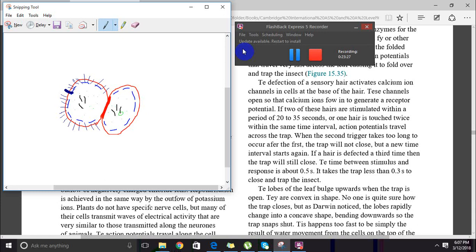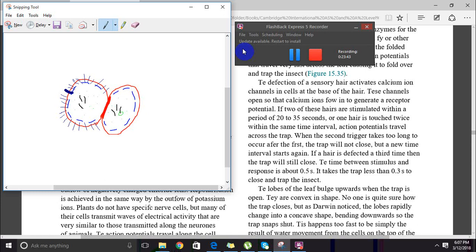So the time between the stimulus and the response is about 0.5 seconds, and it takes the trap less than 0.3 seconds to close and trap the insect.